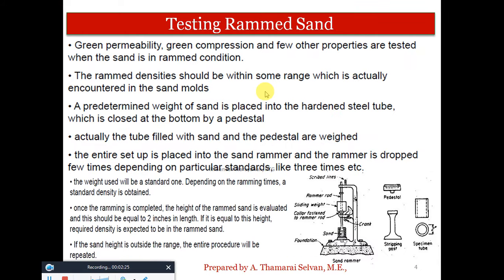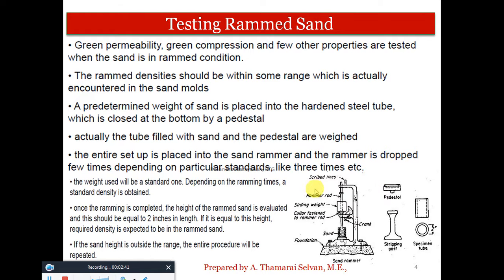The rammed sand can be tested for its green permeability, green compression and a few other properties, which are tested when the sand is in rammed position. The following figure shows how the testing is done.